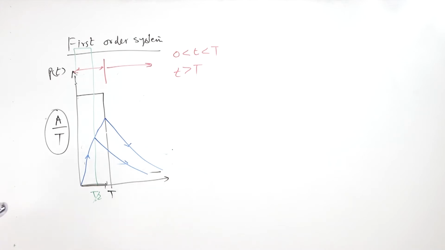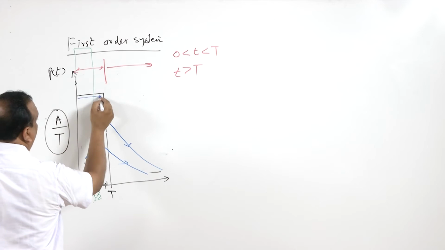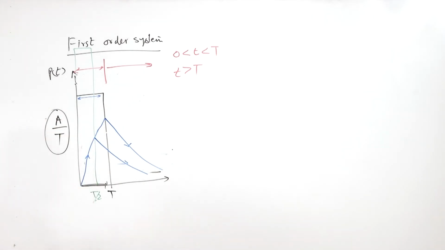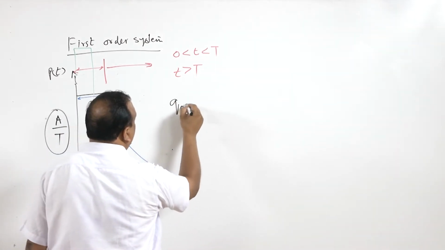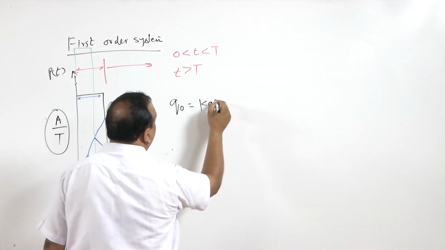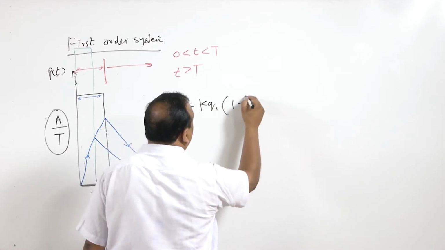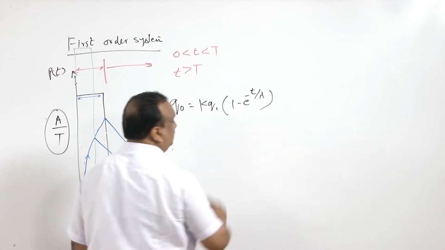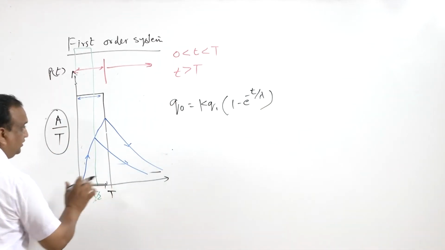To begin with, we'll take this part of the impulse. This part of the impulse will start with qo is equal to k qi (1 minus e raised to power minus t by lambda), and this is limiting up to here.